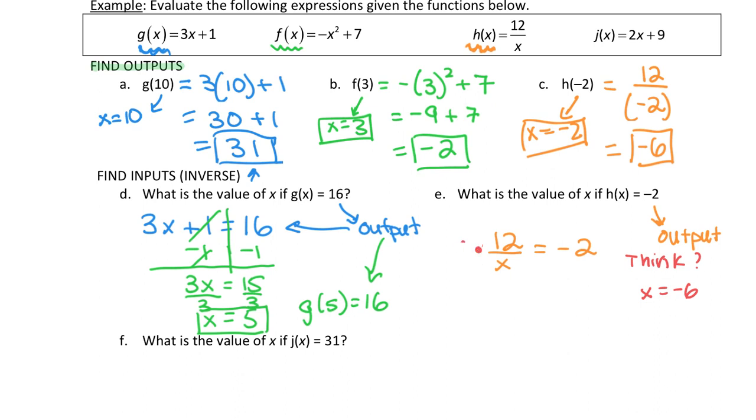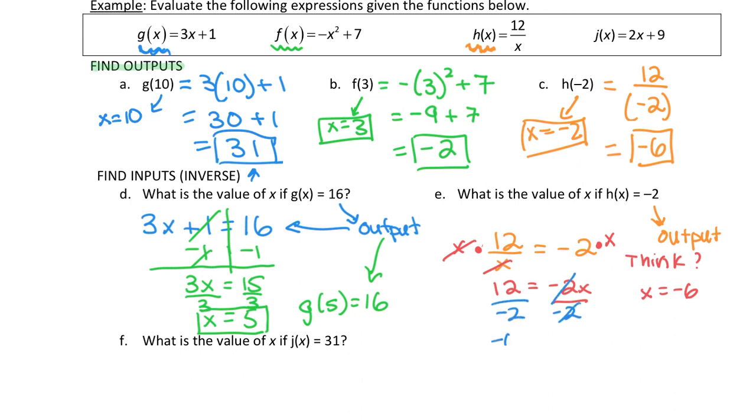So what you actually have to do, and this is a very rare case, is you're actually going to multiply both sides by x. You could also do a cross multiplication thing if you remember how to do that. Okay, so that's also a possibility. But we've got 12 then equals -2x, and then we can divide both sides by that -2.